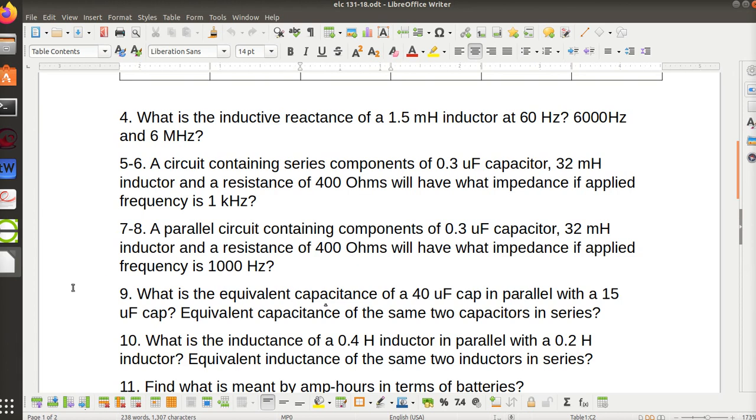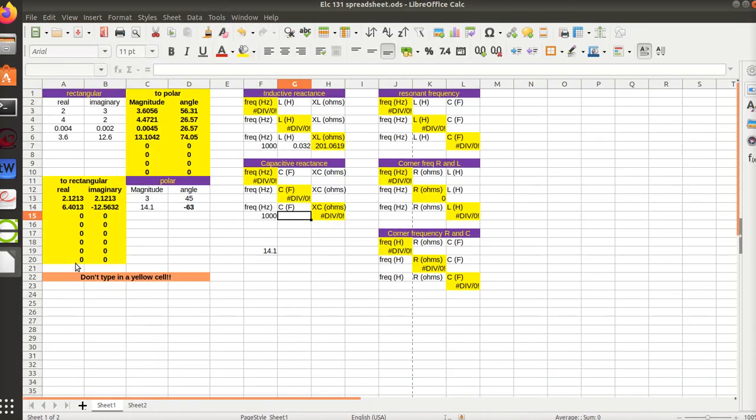And I think I can actually do it this way. 0.3 E minus 6. So the 0.3 is the number, and E minus 6 is telling it to add 6 zeros. So you can in Excel add it in scientific notation. So it's 3E to the minus 7th, so I've got 530 ohms.